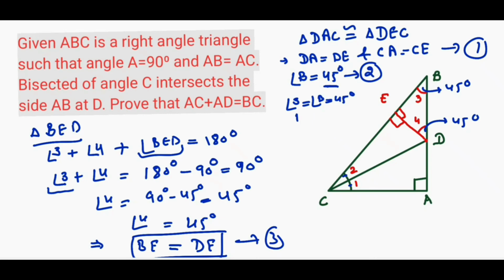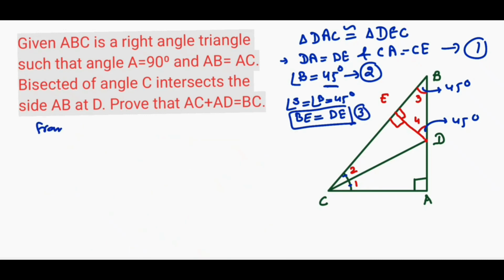I'll write here BE is equal to DE. This is my third equation. From 1 and 3, this is given DA is equal to DE, and here we have proved that BE is equal to DE. So it means DA is equal to BE is equal to DE.